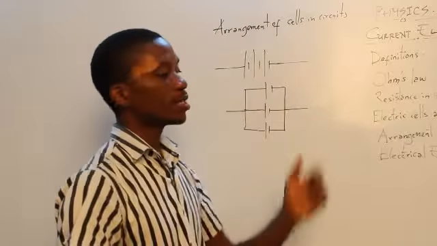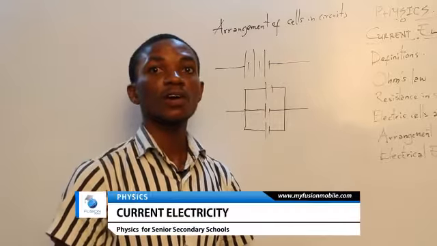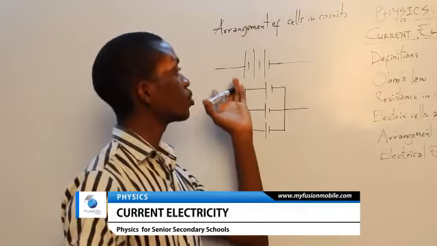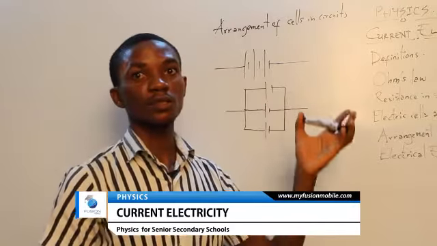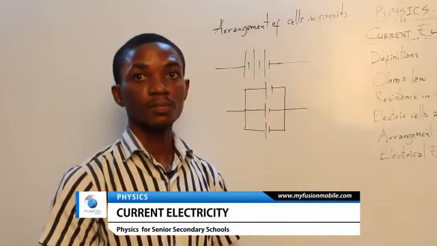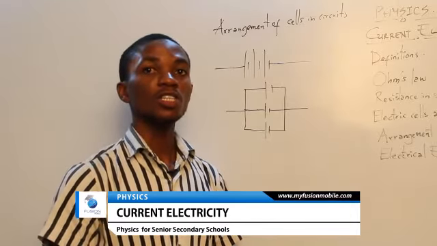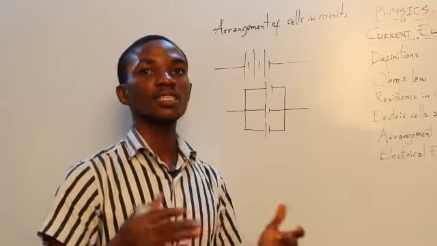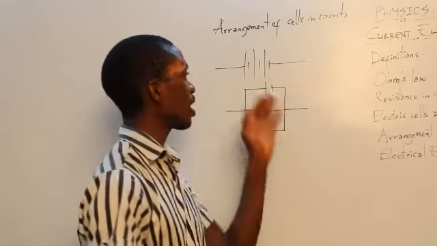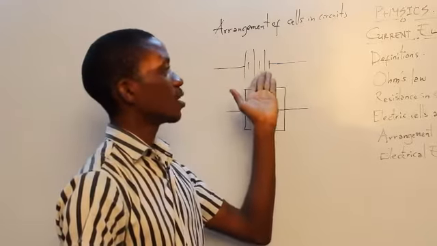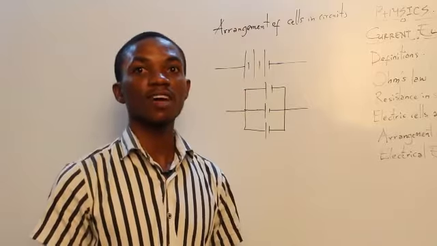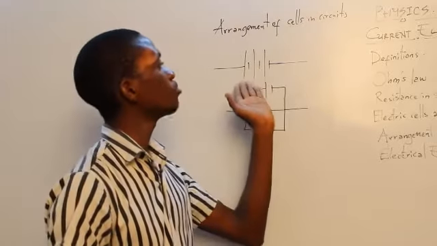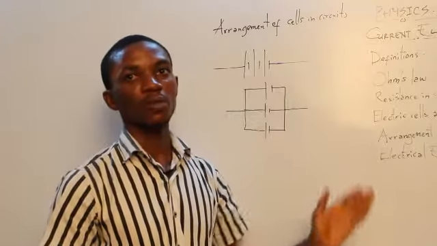When my cells are connected in series, the amount of voltage supplied through these cells is increased, because our voltage, that's the potential difference, increases when connected in series. So if each of the cells is 5 volts, a total of 15 volts is what I would have from here.